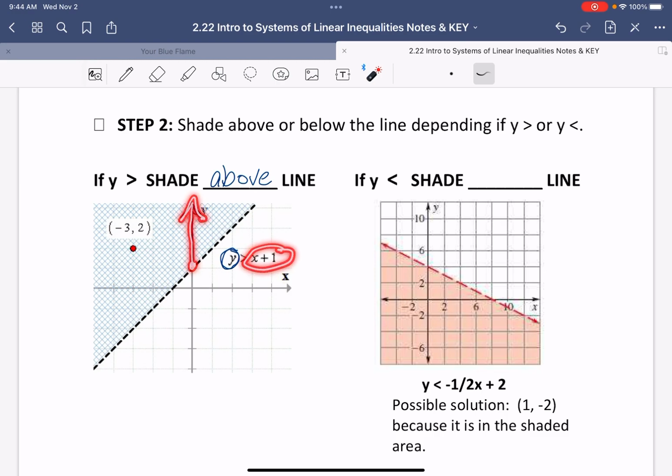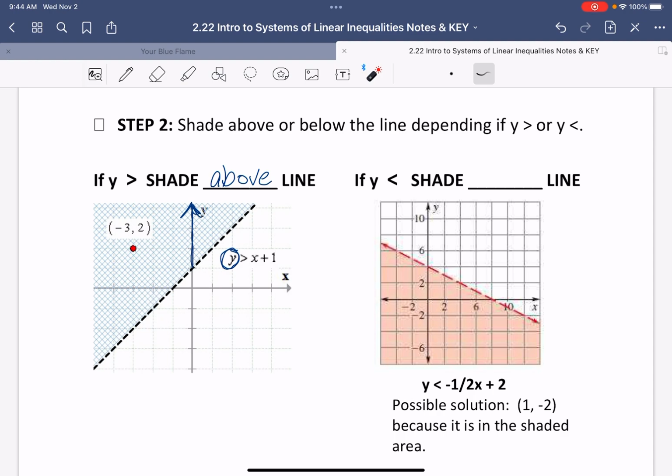You can see that the shading all occurred right here. The reason you see this -3, 2 is because it is a possible solution to this linear inequality. Anywhere in here is a possible solution. One place that is not a solution is outside the shaded area.